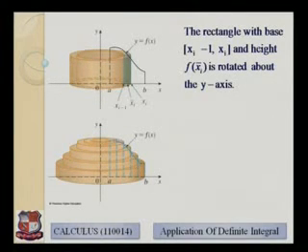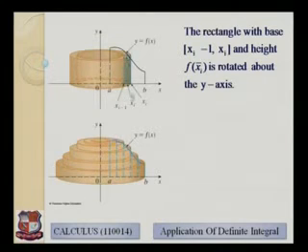The rectangle has base and height f of xi bar. You know very well that if we consider the point xi minus 1, then y is equal to f of xi minus 1 will represent the height of this strip.